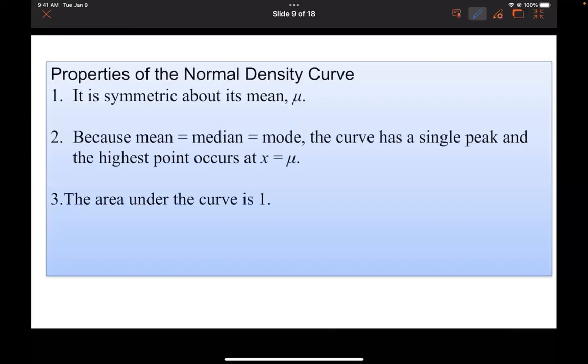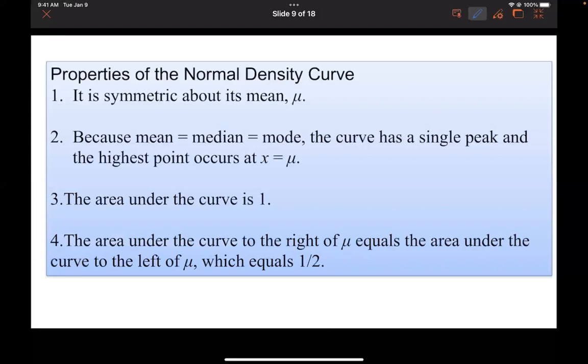The area under the curve is 1, just like the uniform density curve that we saw earlier. The area is 1 because all of our stuff is under that curve. All of the probabilities for the entire population are under that curve. So the area under the curve to the right is equal to the area under the left.